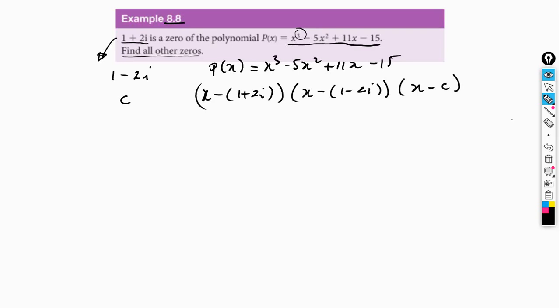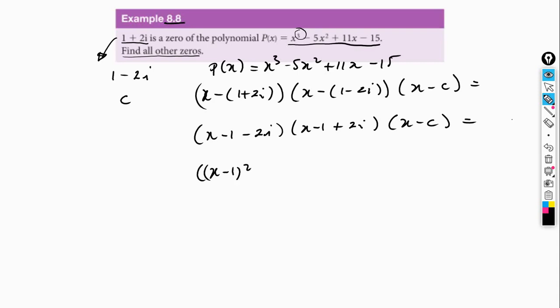So we can rewrite this as x minus 1 minus 2i times x minus 1 plus 2i, and this times x minus c. But notice that these two numbers are the conjugates of each other. So we could write this as x minus 1 squared plus 4, and this times x minus c.